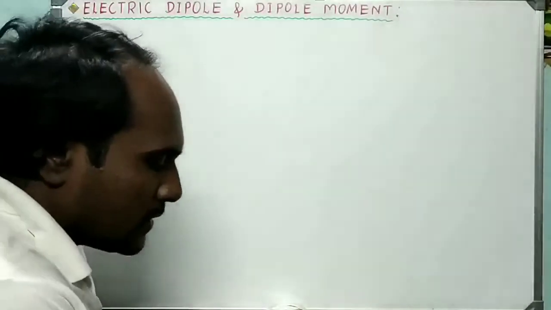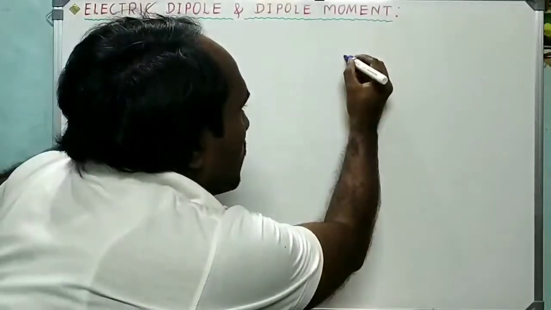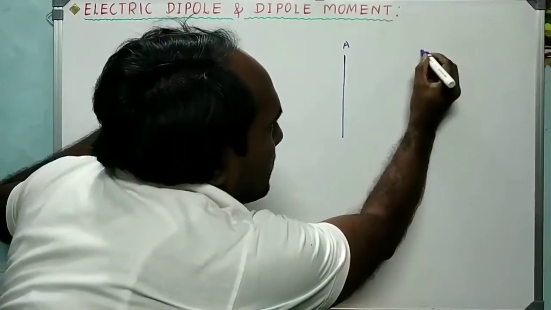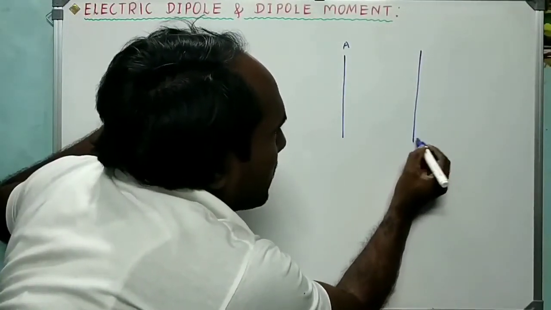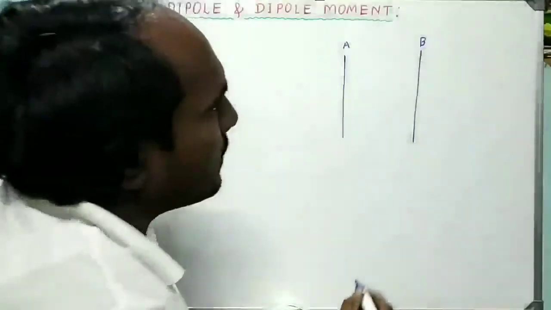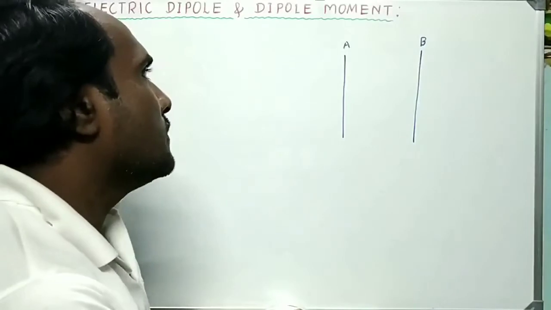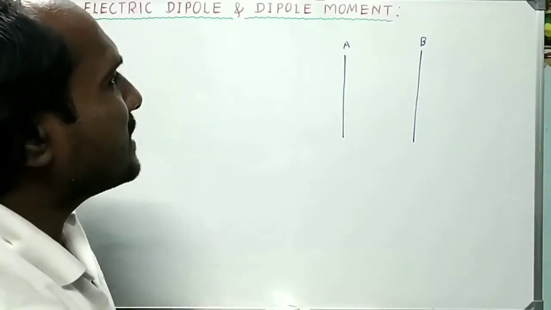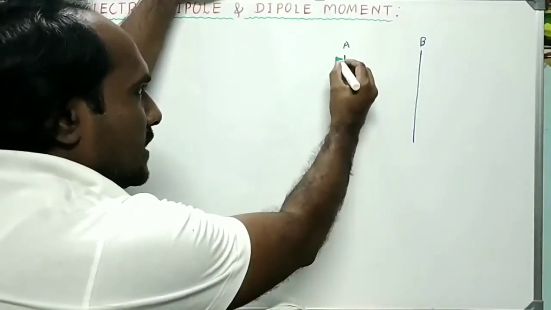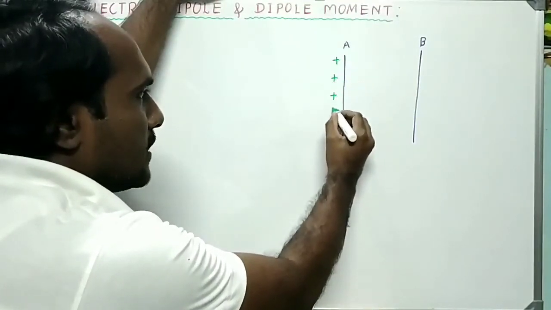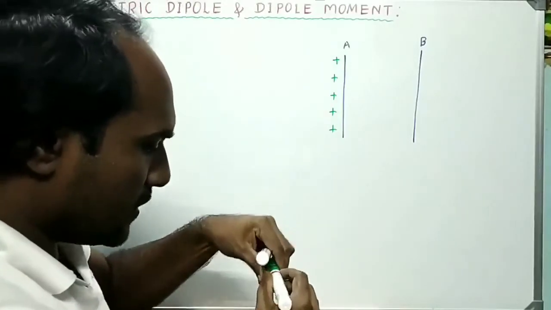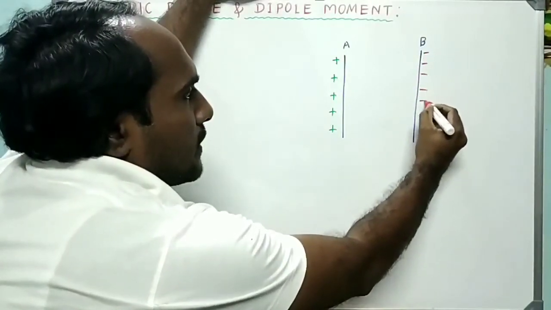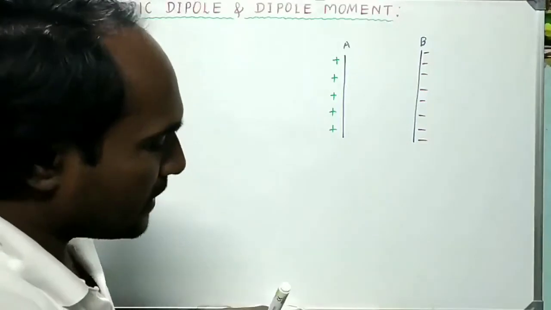Here I will consider two metallic conductors, A and B. Now let conductor A be positively charged, and this B conductor is negatively charged.